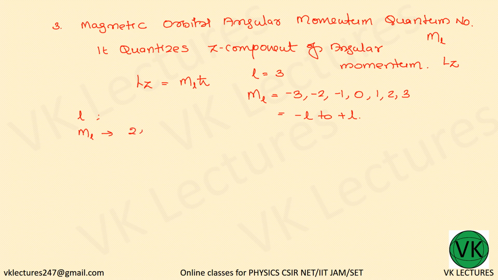There will be 2L plus 1 ml values. For example, here we have 3, 2 into 3 plus 1, that is 7. So there are 7 ml values, -3 to +3.